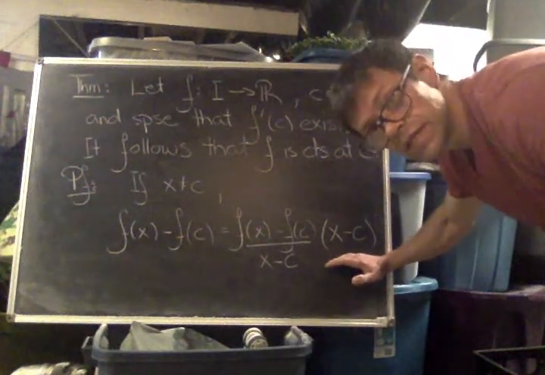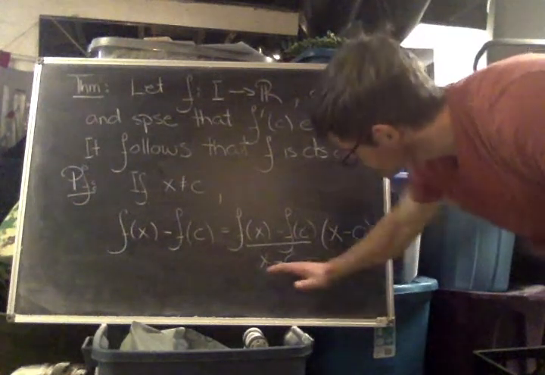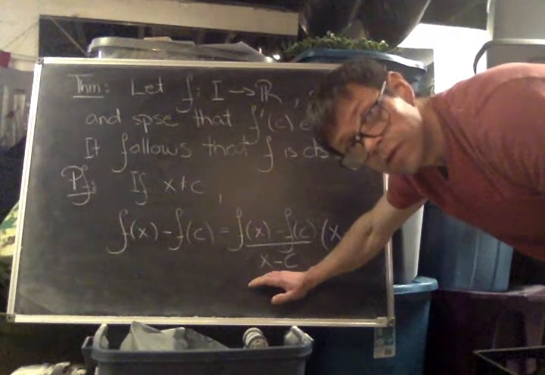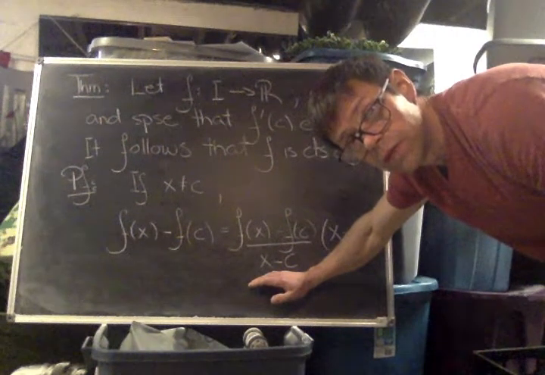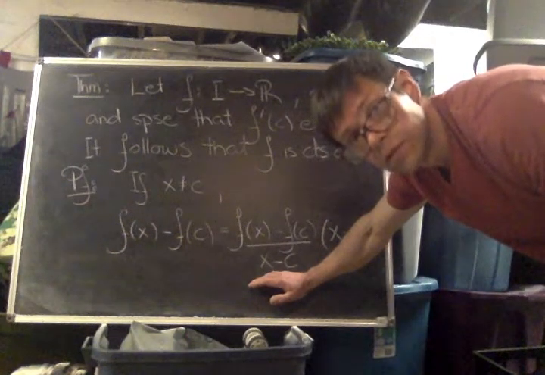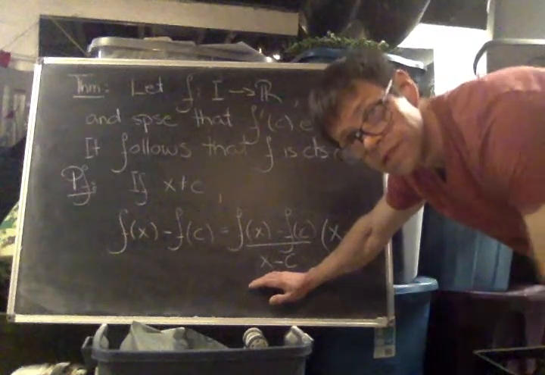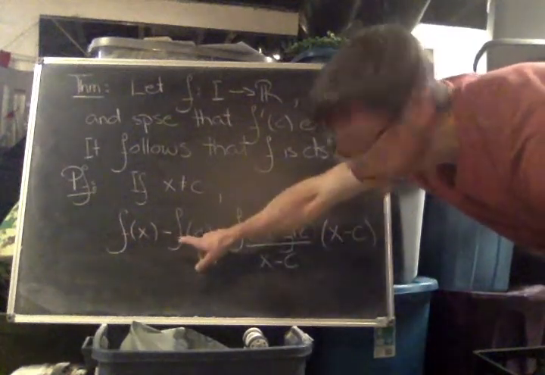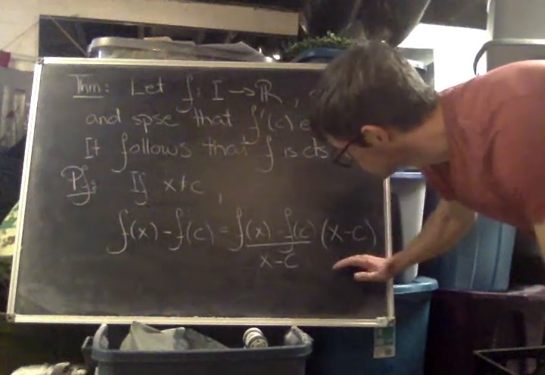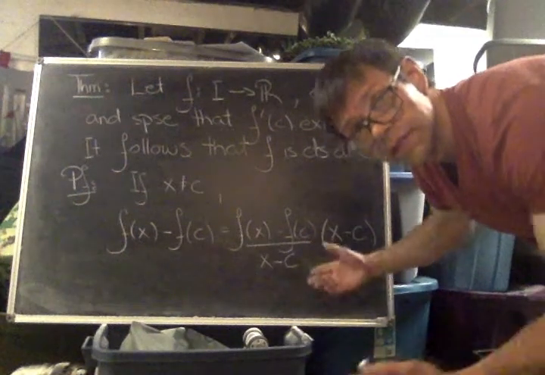The limit of this thing as x approaches c, I know, that's definitely 0. But the limit of this thing as x approaches c, I also know, because I've assumed that f is differentiable at c, so the limit of this thing as x approaches c is just the derivative, f prime at c. Right? So then the product rule for limits says that this limit over here as x approaches c has got to be this limit times this limit, which will be f prime at c times 0, which is 0. And that's exactly what we want.